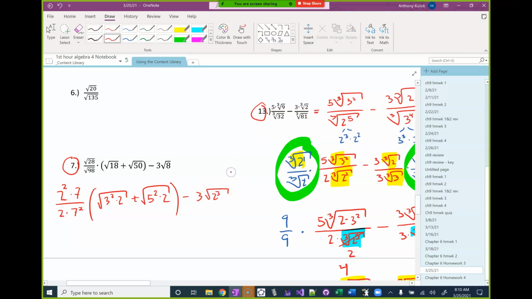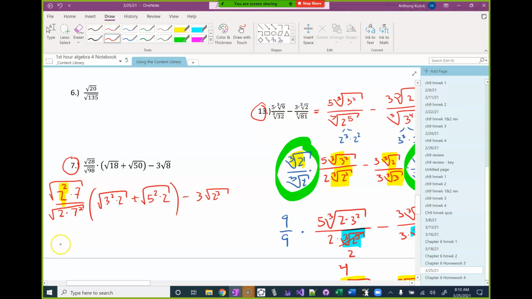So what I think I want to do is not actually to reduce anything in this first radical. I think it's going to be easiest if I just do my simplifying and then I distribute first. So here in the first one, I have a 2 squared, so I can take the 2 out.